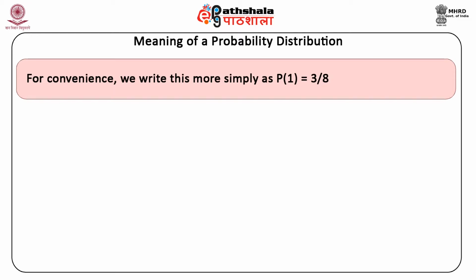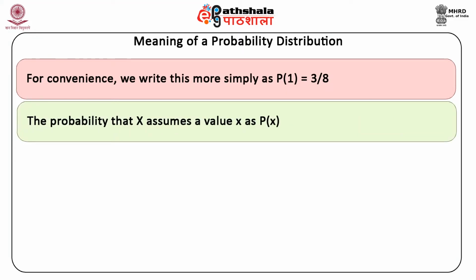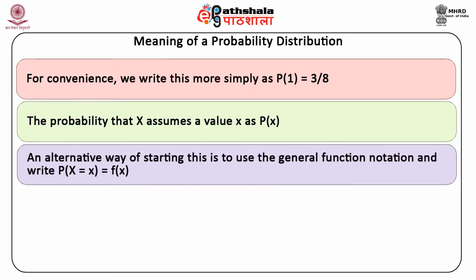In general, we shall write the probability that X assumes a value x as P(x). An alternative way of stating this is to use the general function notation and write P(X = x) = f(x).